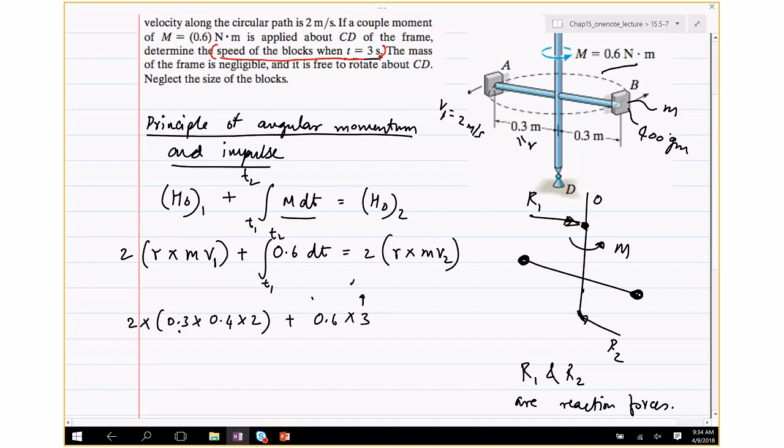This is delta t, which is 3, equals 2 times 0.3 times 0.4 times v2. In that equation, the only unknown is v2, and we can solve for v2. So solving, v2 equals 9.5 meters per second.